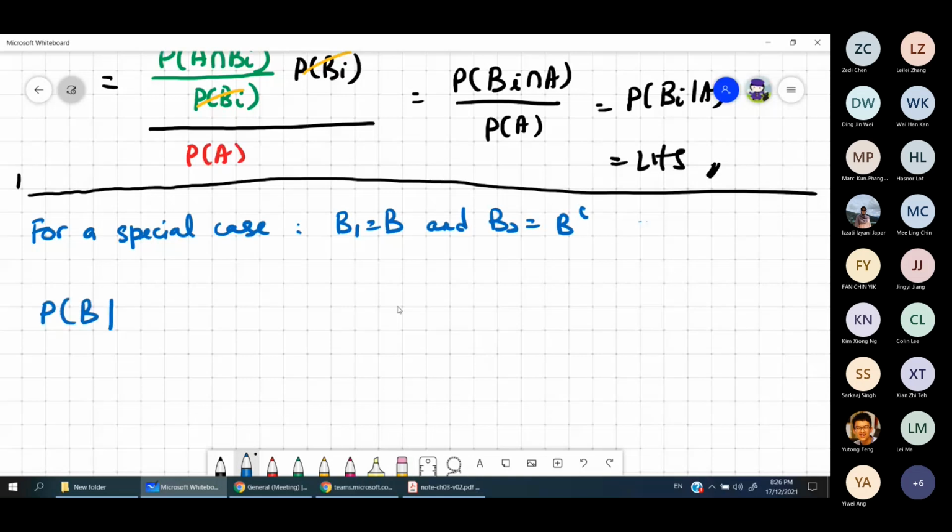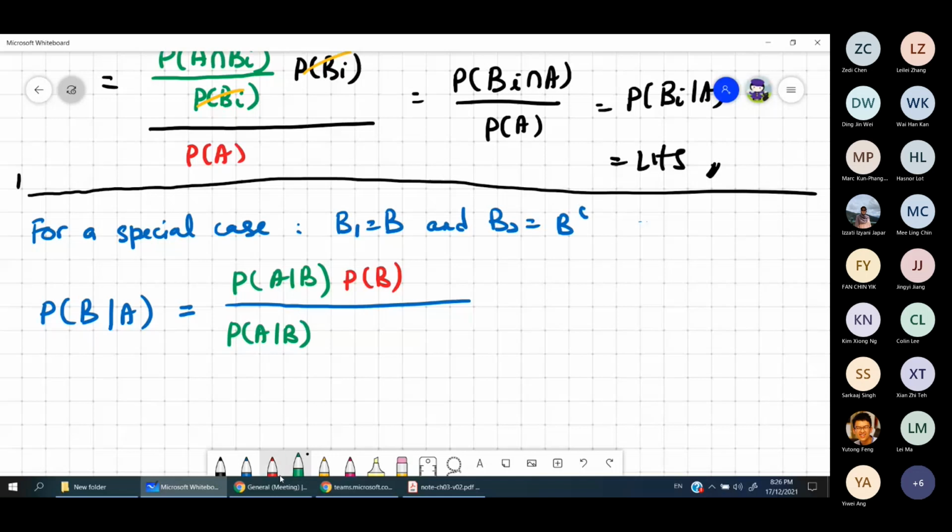P(B|A) is equal to P(A|B)P(B), multiplying P(B), so the whole thing divided by P(A|B1)P(B1) plus another one.